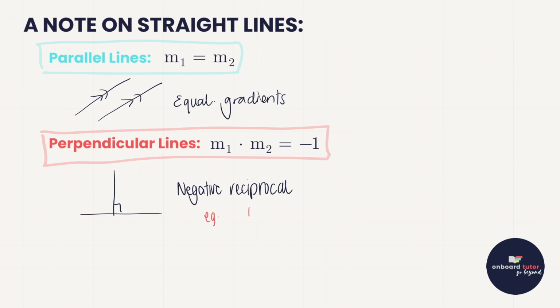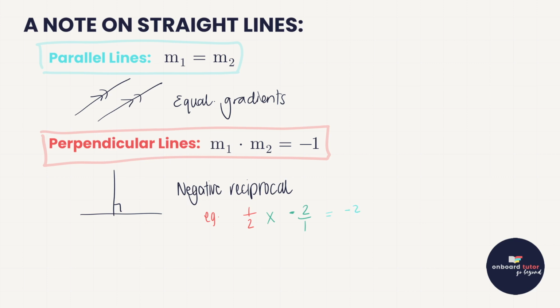Okay, and so what that means is that the gradient of the first line, let's have a look at a little example here. If the gradient is 1 over 2, you can multiply that. The reciprocal in fraction is just the upside down. The numerator becomes the denominator becomes the numerator. Okay, so you can multiply it by that and the negative, and you'll see that that will give you an answer of minus 1, because 1 times minus 2 gives us a minus 2.